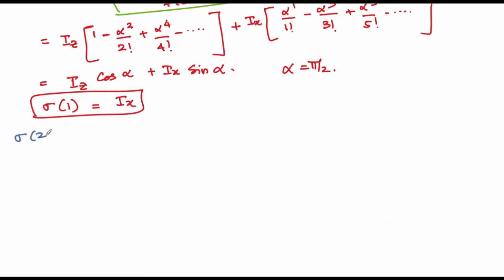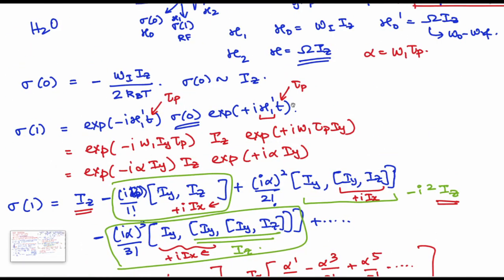Therefore, sigma 2 will be given by Exp minus iH2 prime times T sigma 1 Exp plus iH2 prime times T. And what is H2 prime?